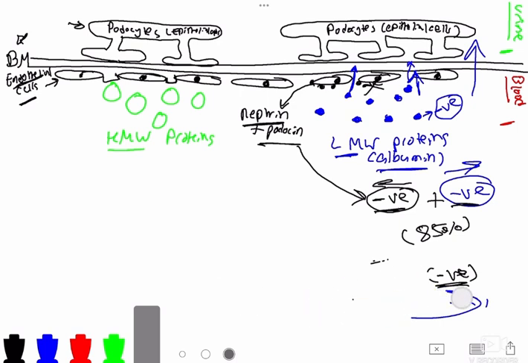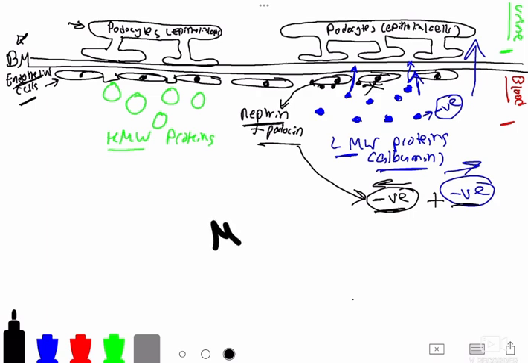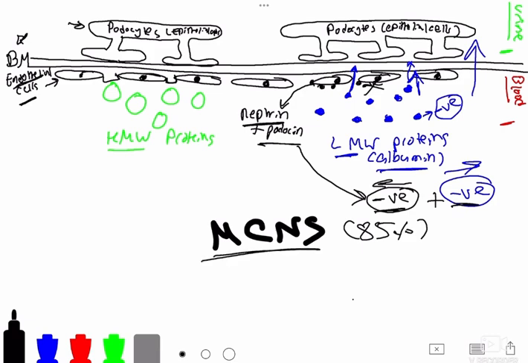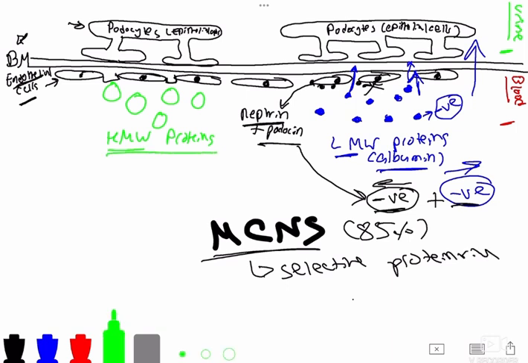Now, one more thing to note: minimal change nephrotic syndrome, which I said is about 85% of the cases. How can you tell it's minimal change nephrotic syndrome? Well, simply, it has something called selective proteinuria. Meaning, you see how the high molecular weight proteins cannot pass purely due to the size, so they're not really affected by the loss of negative charge here.